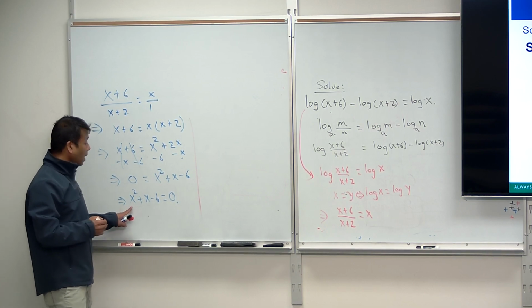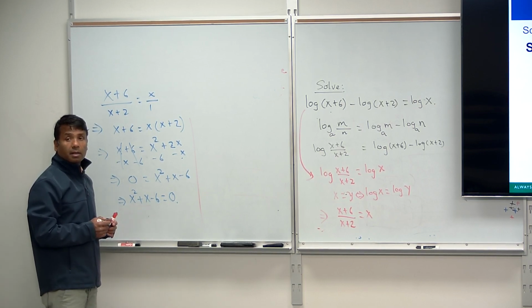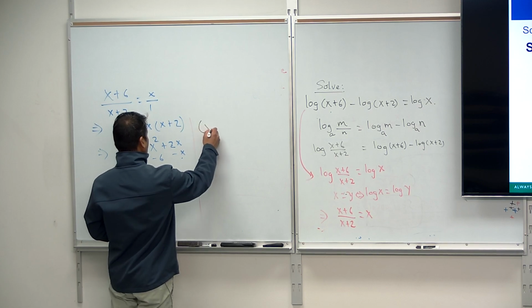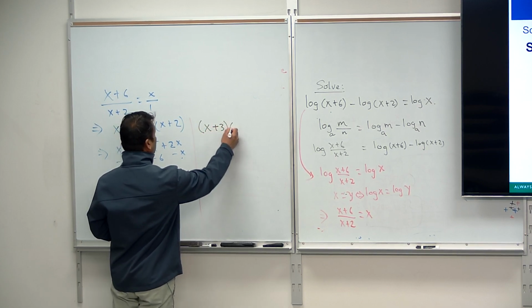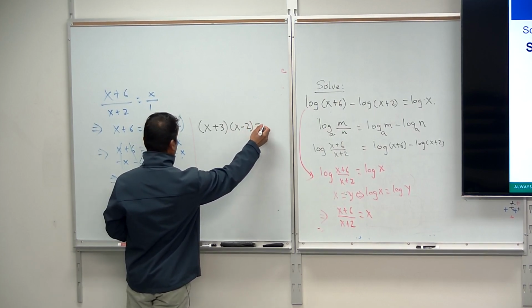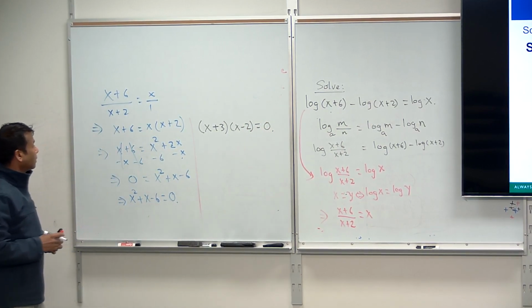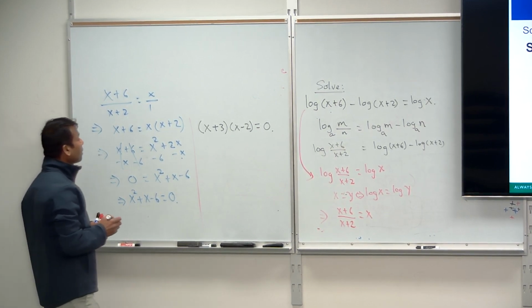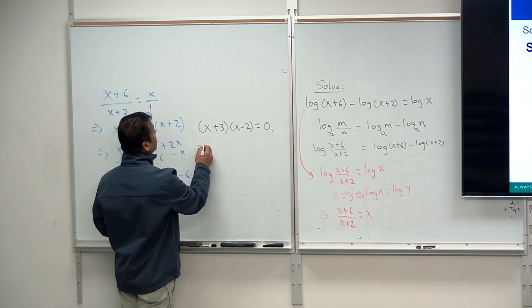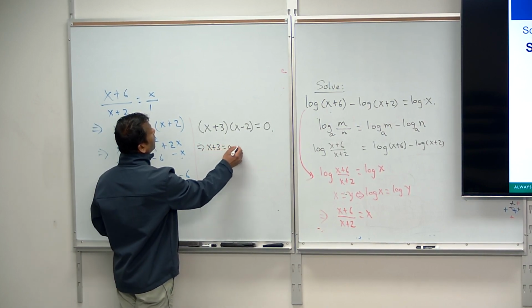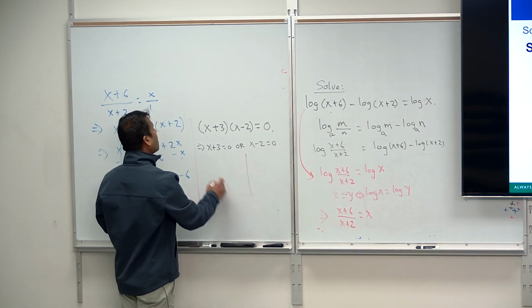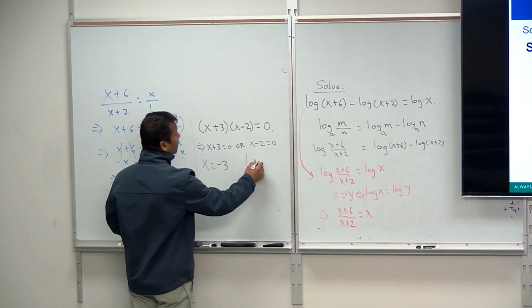What are the factors of x squared plus x minus 6? It will be x plus 3 times x minus 2 equals 0. Right? So use the zero factor property. Either x plus 3 equals 0 or x minus 2 equals 0. So that will give you x equals negative 3 and x equals 2.